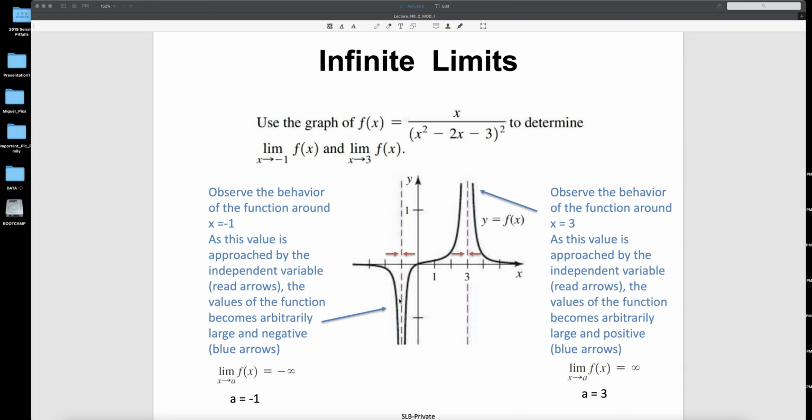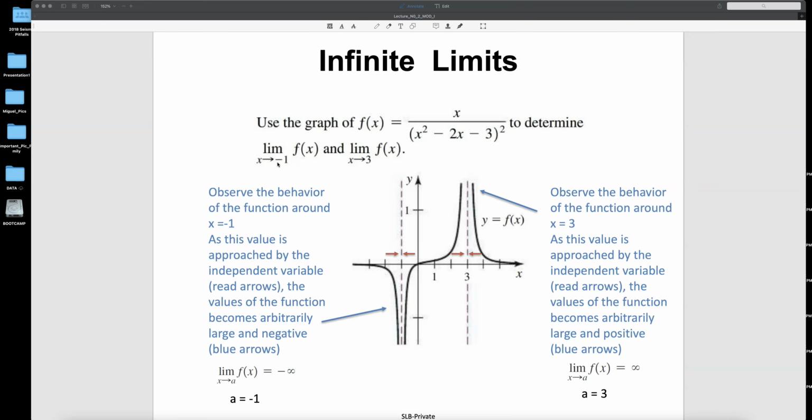In other words, we are going to have very, very large numbers in magnitude, but in this case negative. So the function goes to infinity, but with negative values. Basically, this is telling us that the limit of the function at -1 doesn't exist.